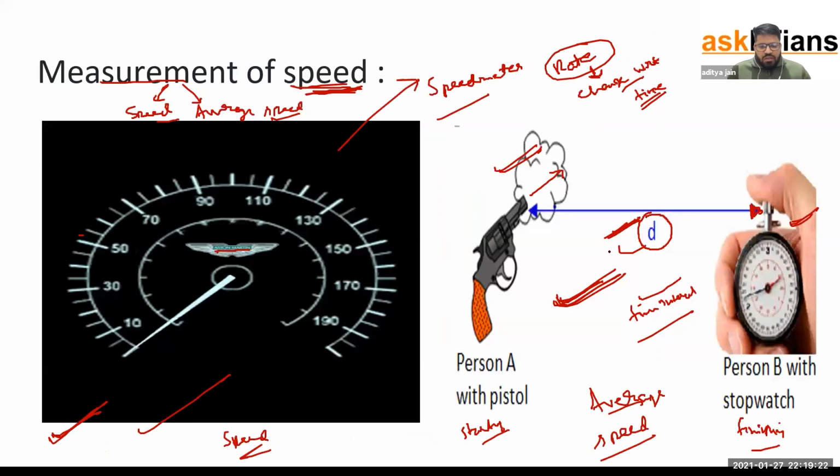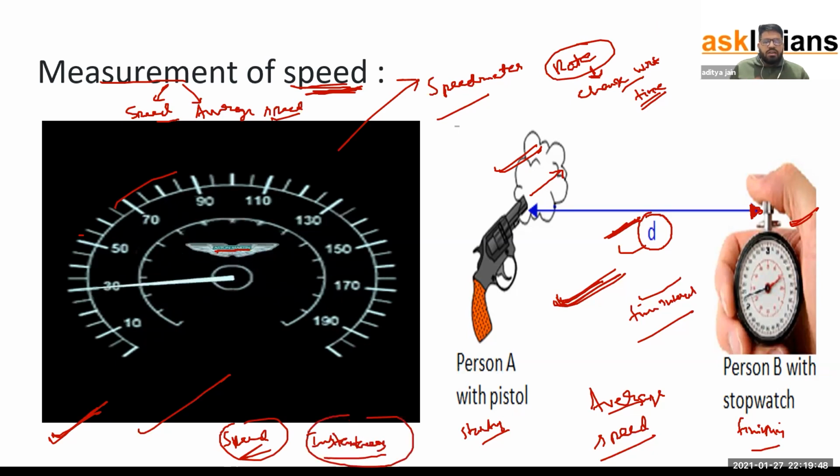Now the image to the left of this, which is the speedometer, shows some speed at a particular instant of time. Suppose I am traveling and during my journey the speedometer shows different readings at different intervals of time. Yes or no? Every second the measurement changes. So what does it measure? It measures speed. This speed is also known as instantaneous speed.